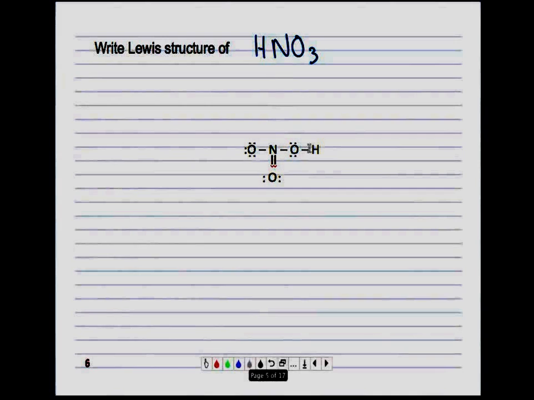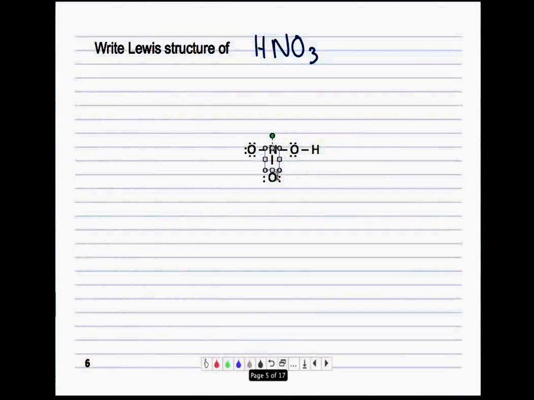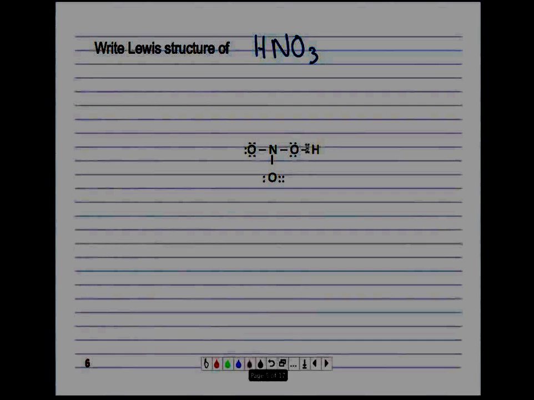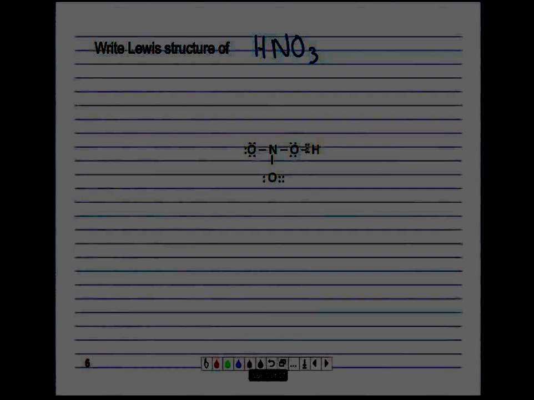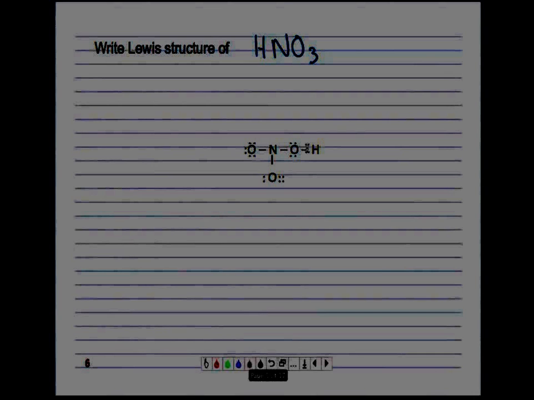Hydrogen is less electronegative than nitrogen, but it cannot be a central atom. So I'm going to put the nitrogen as the central, and the 3 oxygens connected to the nitrogen. And since it is an oxo acid, I have a choice to add the hydrogen to the nitrogen or to the oxygen. If it is an oxo acid, connect it to the oxygen, not to the nitrogen. That's a rule of thumb. The same for phosphoric acid, connect the hydrogen to the oxygen, not to the phosphorus. The same for any other oxo acid that we're going to learn about.